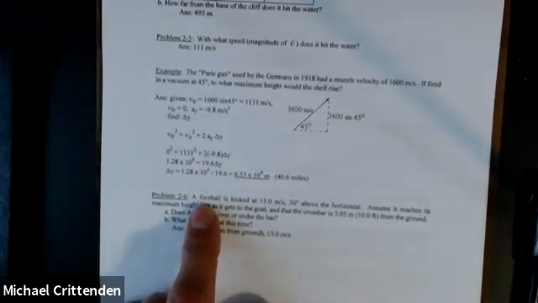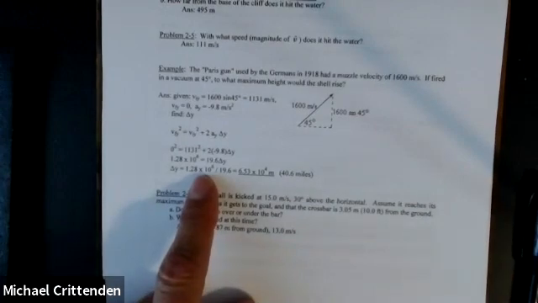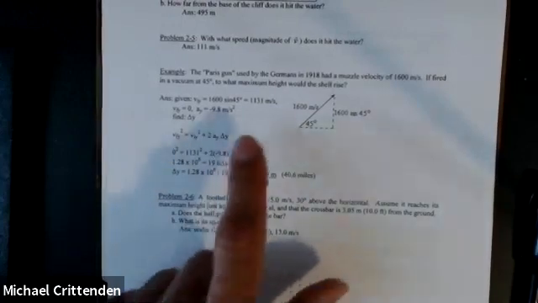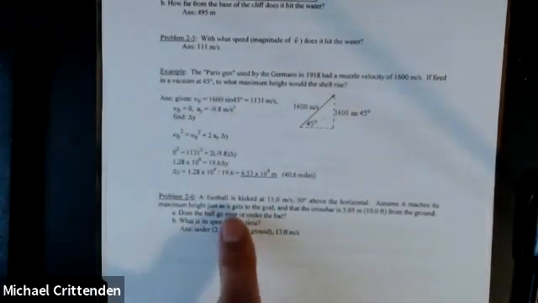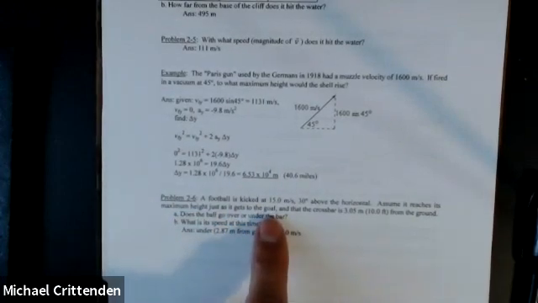This one here, part A at least, is asking you to do pretty much the same thing with a football. The question once again is, what is the height? The ball has been kicked in such a way that it reaches its maximum height just as it gets to the goal.